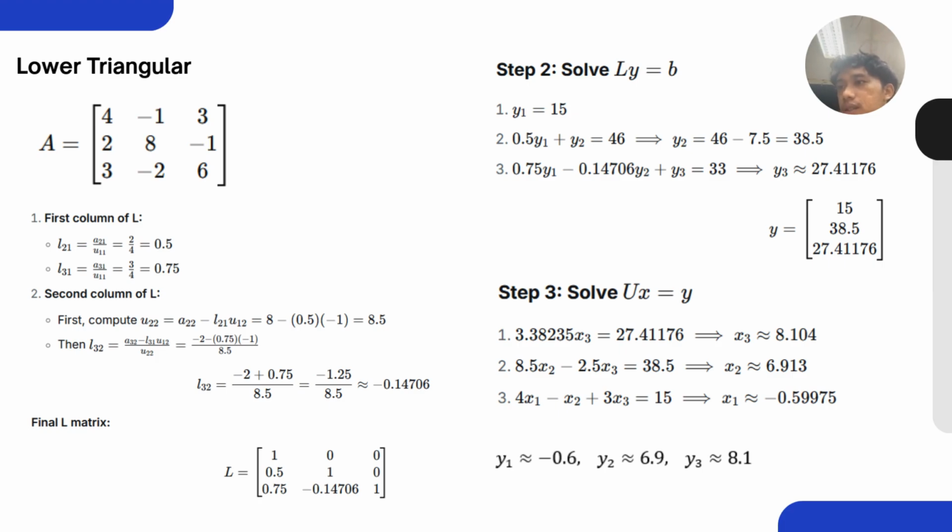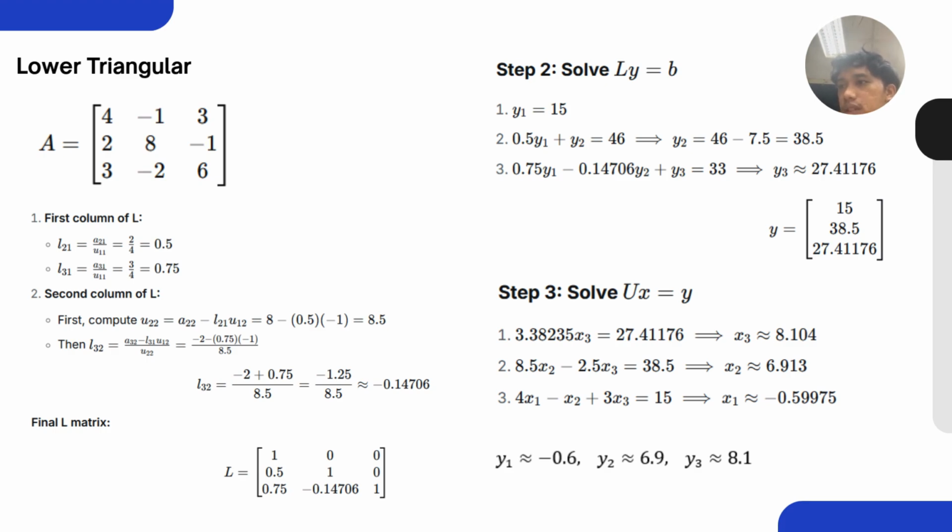Then we substitute x3, and then we get x2 is approximately equal to 6.913. First equation, 4x1 minus x2 plus 3x3 equals 15, and then we substitute the values of x2 and x3, and we get x1 is approximately equal to negative 0.59975.